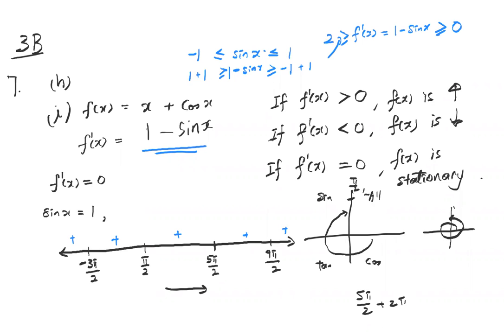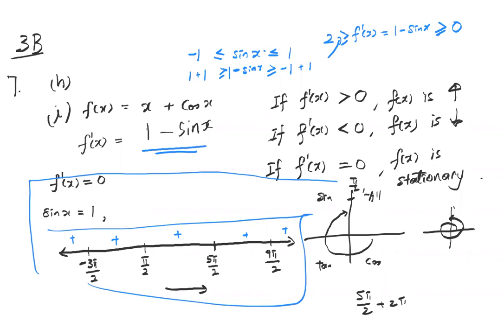So I don't even have to draw this sign diagram. Based on here, I can say my f prime x is always greater than 0, correct? Therefore my f x is always increasing. Okay? So do you get me?